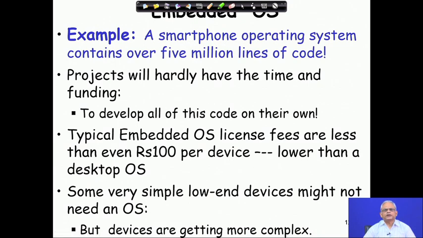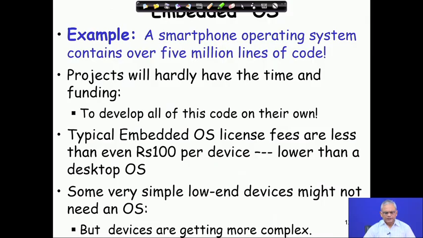For an embedded operating system it may be 100 rupees or 50 rupees, or even for very simple ones just a few tens of rupees. So, it makes sense to use an embedded real time operating system rather than developing the features that these operating systems support.